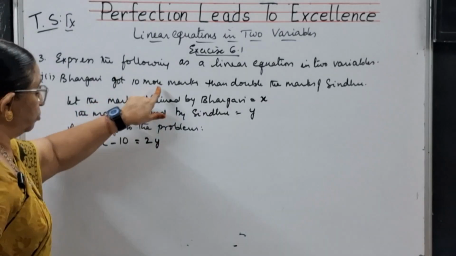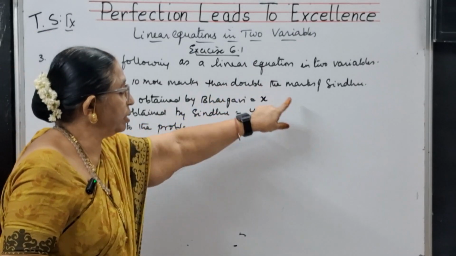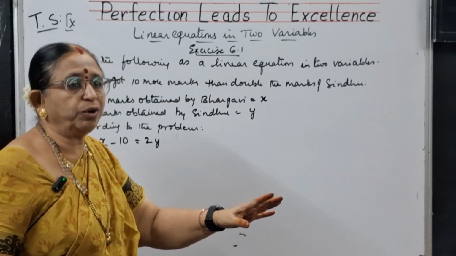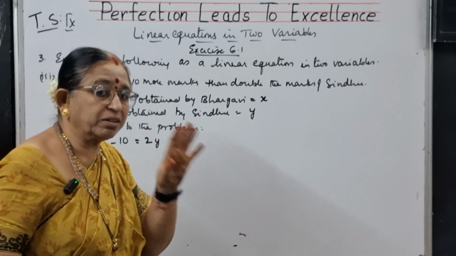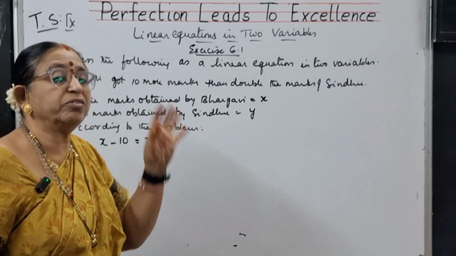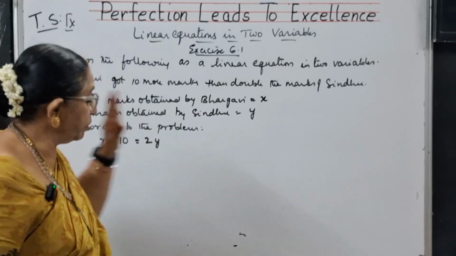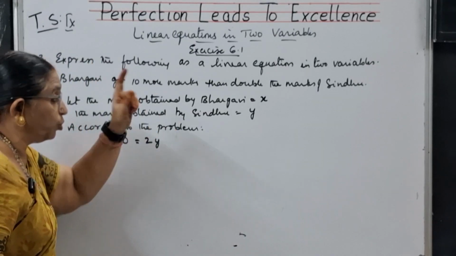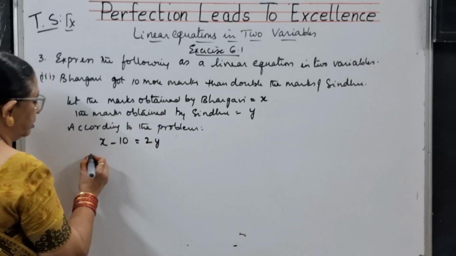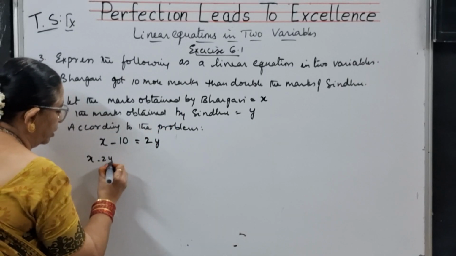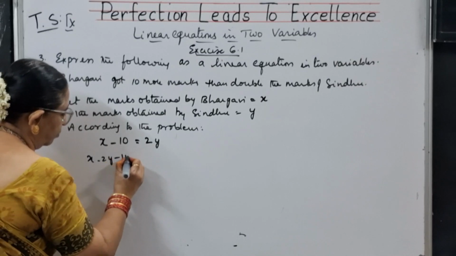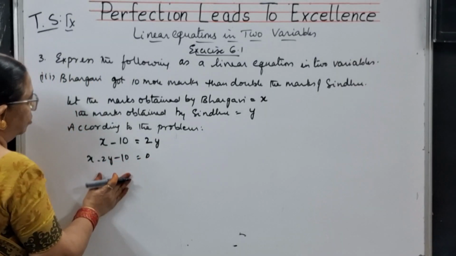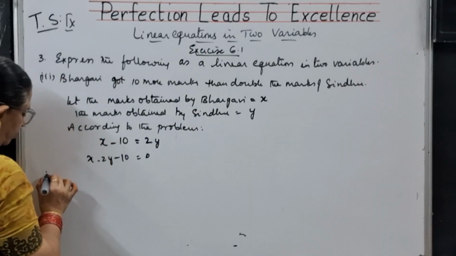Whatever marks Sindhu has got, double of it is 10 marks less than Bhargavi, because Bhargavi got 10 more marks. So from Bhargavi's marks, if you subtract 10, that will be equal to 2 times Sindhu's marks. That means x minus 2y minus 10 is equal to 0 is the equation that you are getting based on this bit, children.